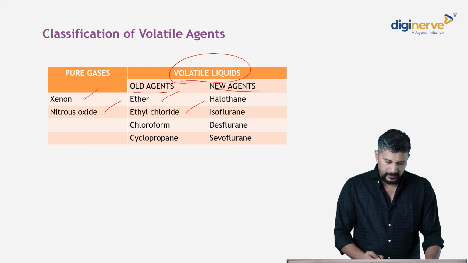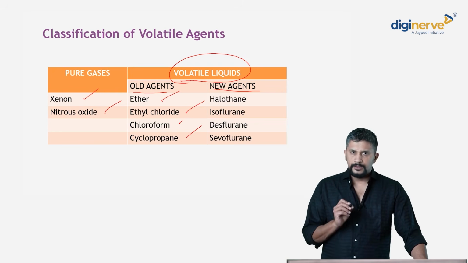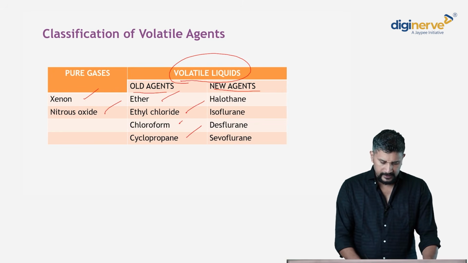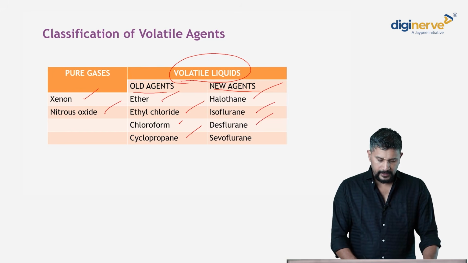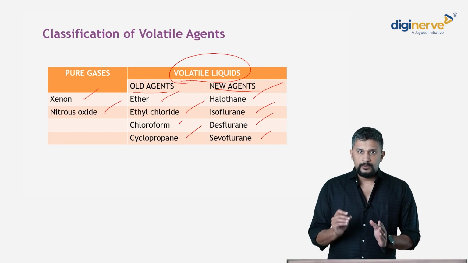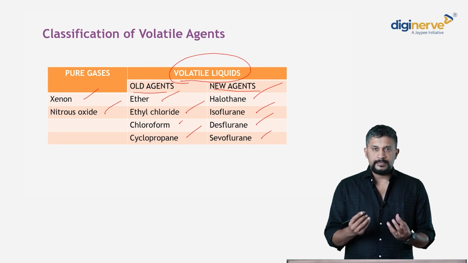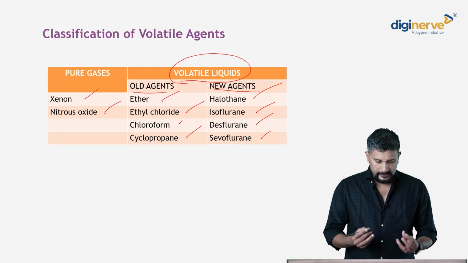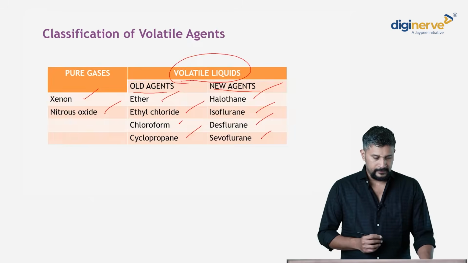You have ethyl chloride, you have chloroform, and cyclopropane. The newer agents which are currently in use are halothane, isoflurane, desflurane, and sevoflurane. All of these are volatile liquids which, given suitable conditions, are going to vaporize and produce a gas, and this gas is going to be used for maintaining balanced anesthesia.